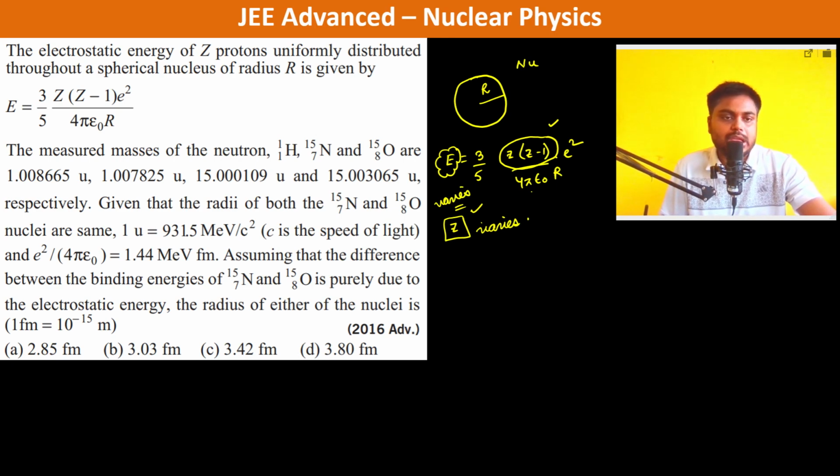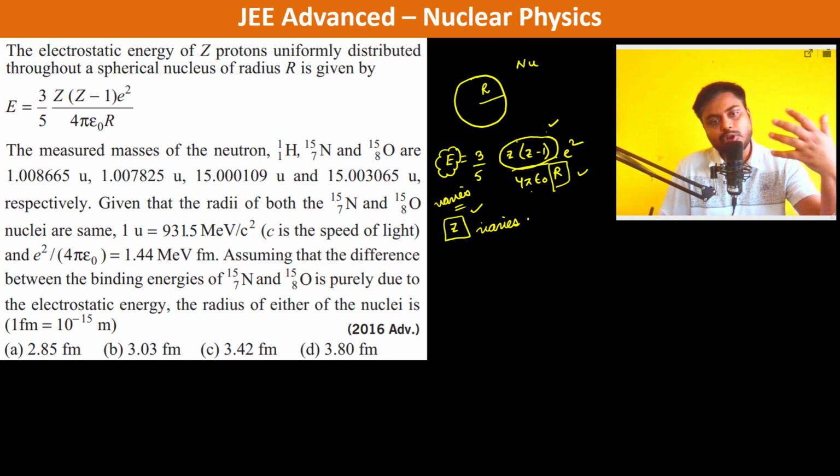Given that the radii of both nitrogen and oxygen nuclei are the same, the radius is same but Z is different, so the electrostatic energy will also be different for oxygen and nitrogen. Now 1 U, that is the atomic mass unit, is equal to 931.5 mega electron volt per c square, and e square is this much.